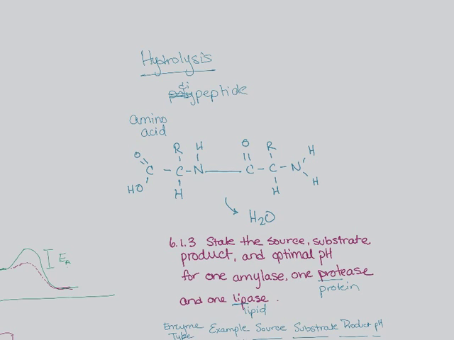Our enzymes are going to come in and act on this peptide bond. Okay, so instead of taking out water, we're going to be adding water. So change the way this arrow goes. We're going to break this bond right here, add in the hydrogen and the OH from the water, right?